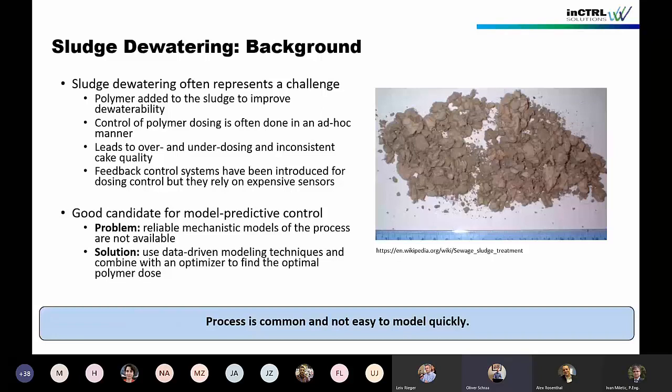So the solution we came up with is to use data-driven modeling techniques, where we use a data-driven model to model the response of the dewatering process to the polymer addition, and then we combine it with an optimizer to find the optimal polymer dose. So essentially, it's a model predictive controller.